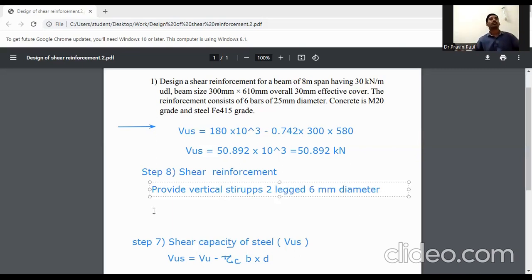So ASV is equal to 2 into pi by 4 into 6 square.